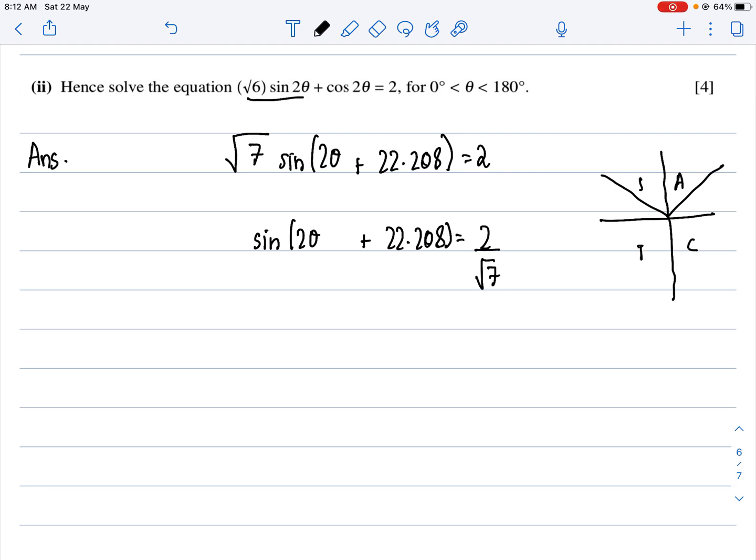I need the value in the first quadrant, which is sine inverse of 2 over root 7. When I do that, the value I get is 49.12. For the second quadrant, I need to do 180 minus theta, if theta is the value in the first quadrant. So I can do 180 minus 49.12 to get 130.893.